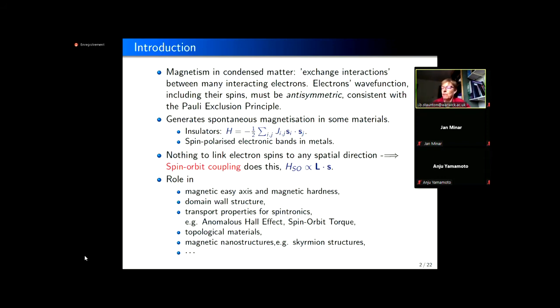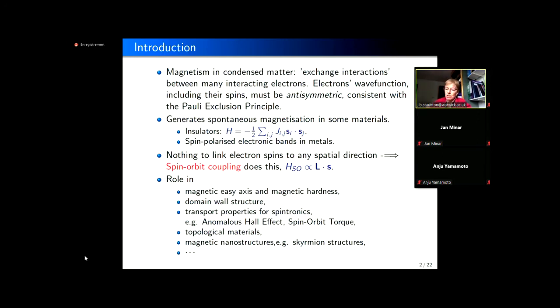And of particular interest to this summer school, transport properties for spintronics applications: anomalous Hall effects, spin-orbit torque, and so on. Topological materials, and what are the ramifications of spin-orbit coupling in differently structured materials and magnetic nanostructures. There's also a lot of work now on different sorts of recording ideas involving skyrmion structures.